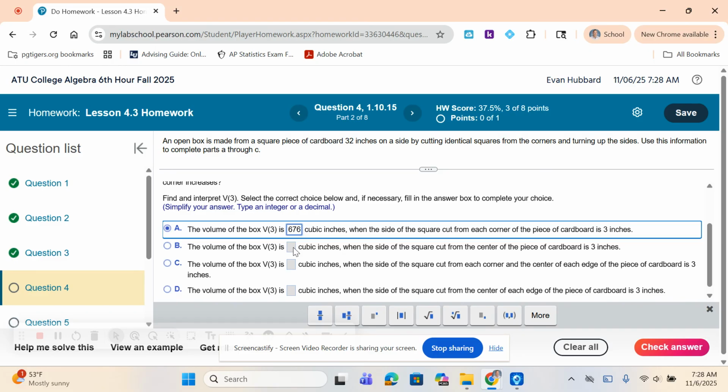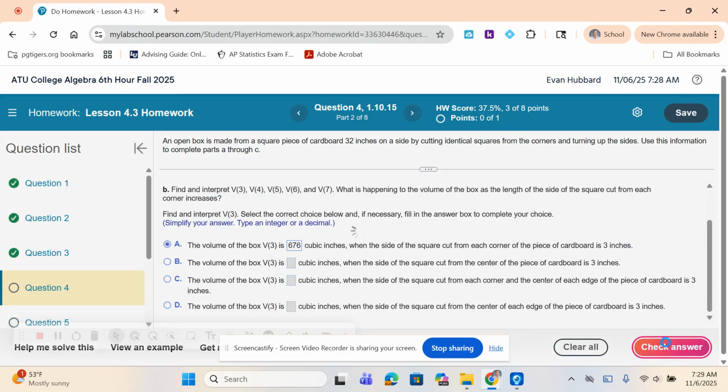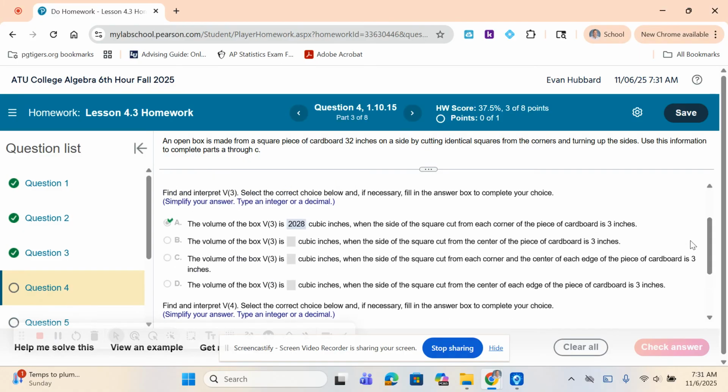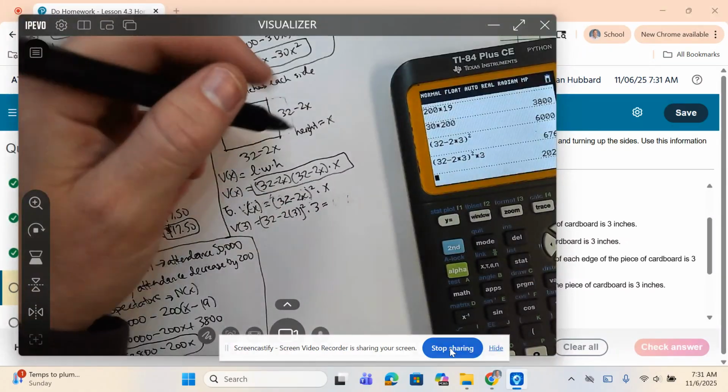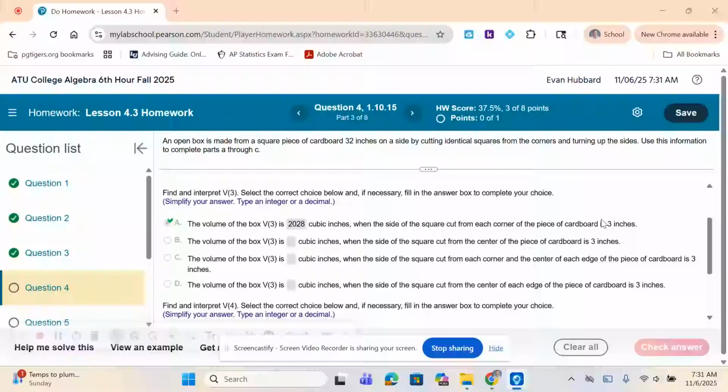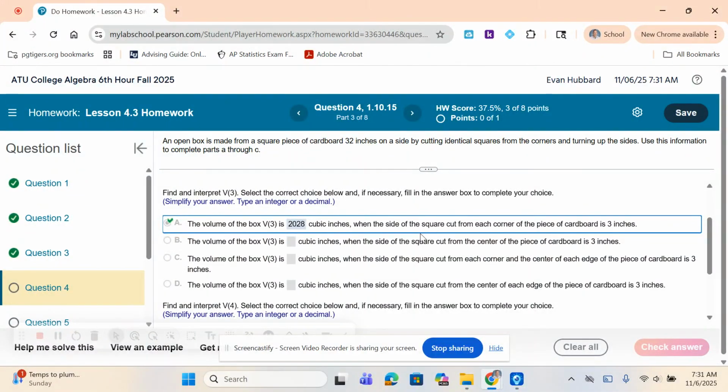I apologize, I forgot to multiply by 3 here. So it's 2028. So if I cut the corner at 3 inches, V of 3 is 2028.